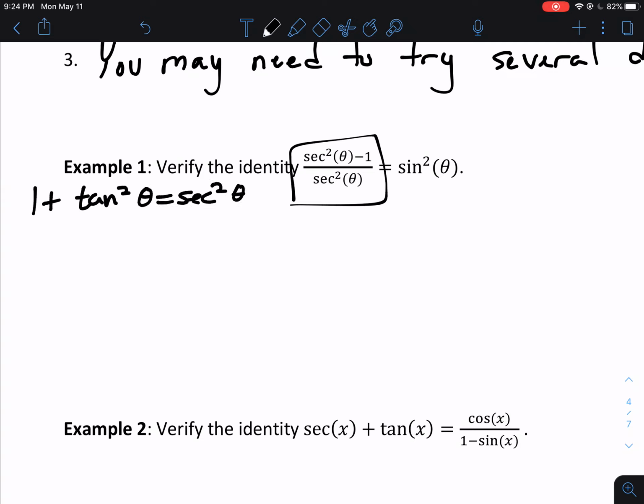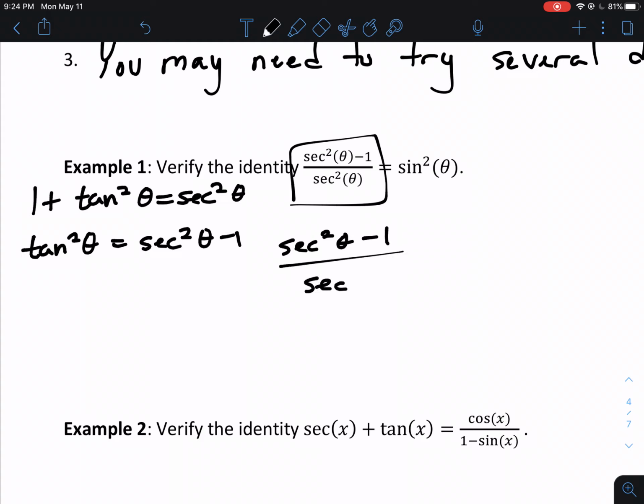Which means I can rewrite the numerator of the left side. Starting with secant squared theta minus 1 divided by secant squared theta, I can rewrite the numerator as tangent squared theta divided by secant squared theta. Which, not a whole lot helping us there.